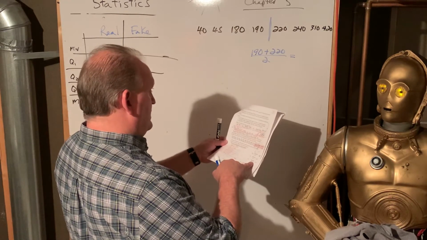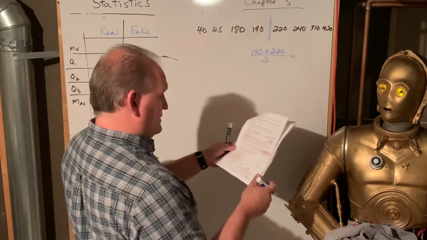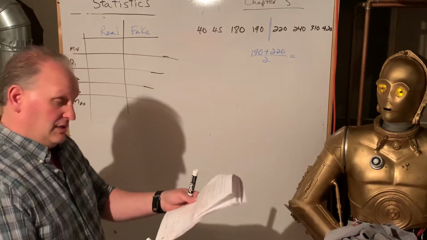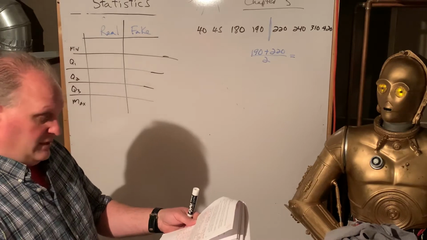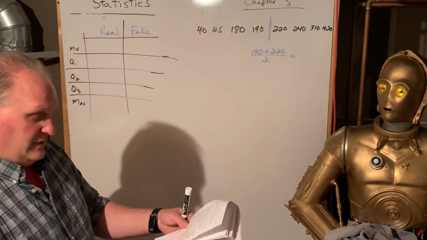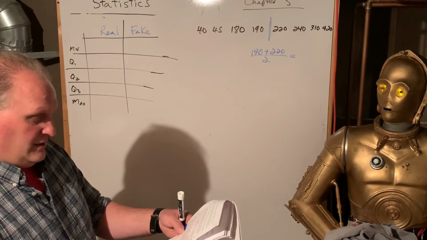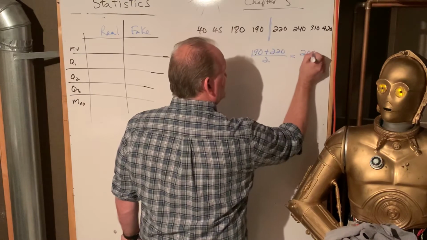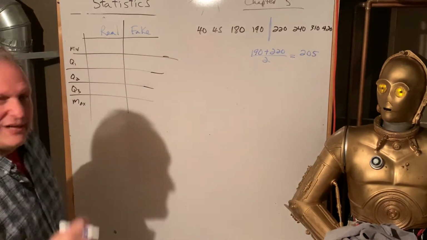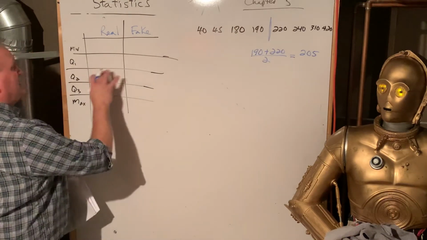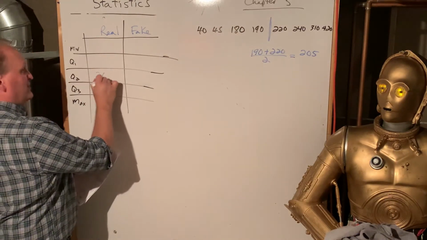I put down 190. No, that's the correct data. Where did I do that? 190 plus 220 for the real. Oh, 205. Jeez. I don't know why that took me so long. Sorry about that. Just a brain freeze. All right, so that's the median. The real has a median of 205.